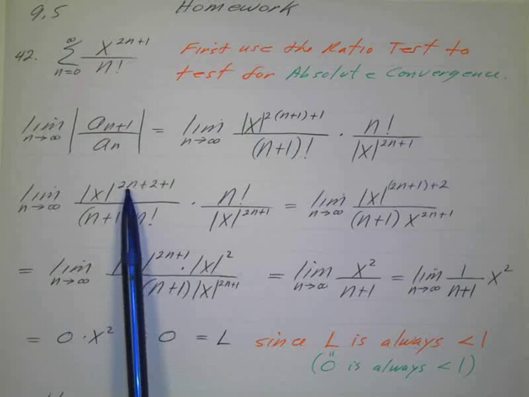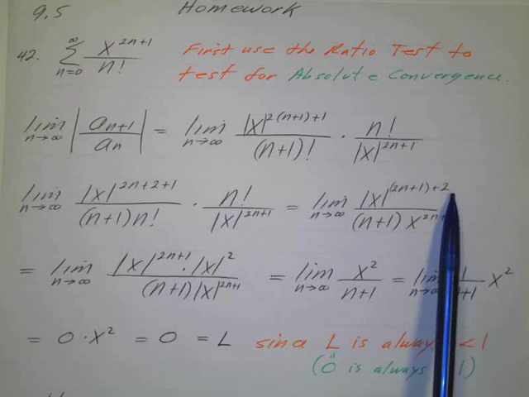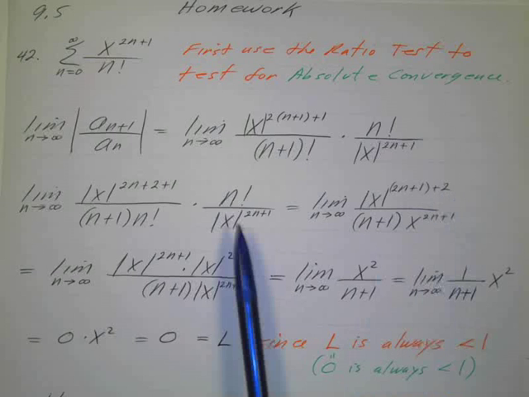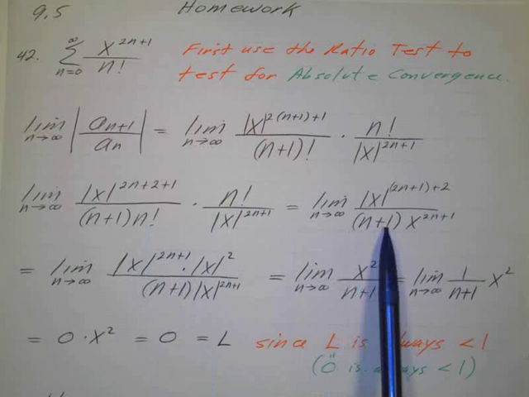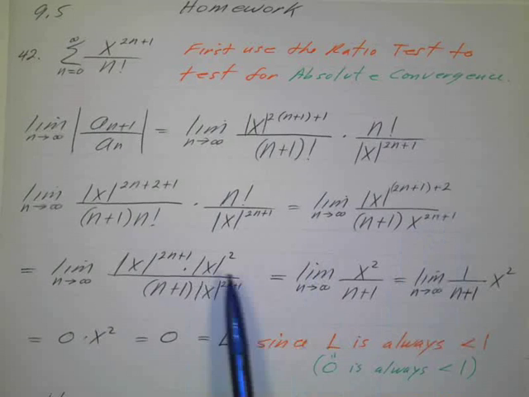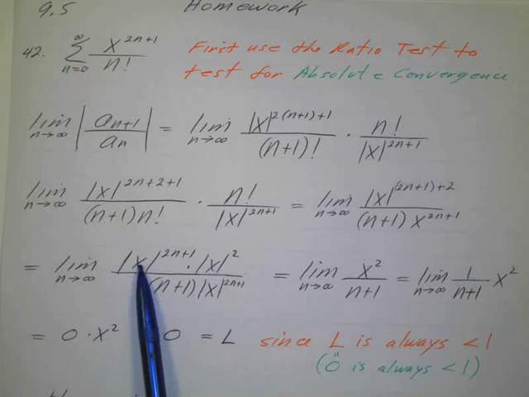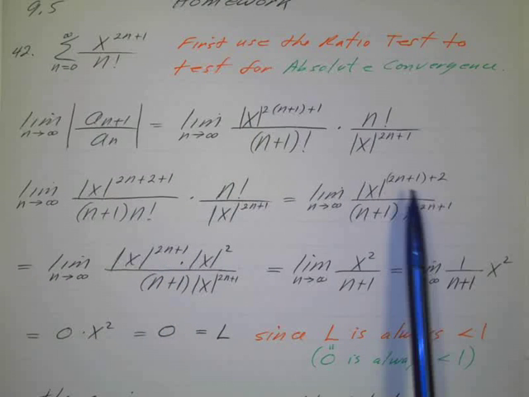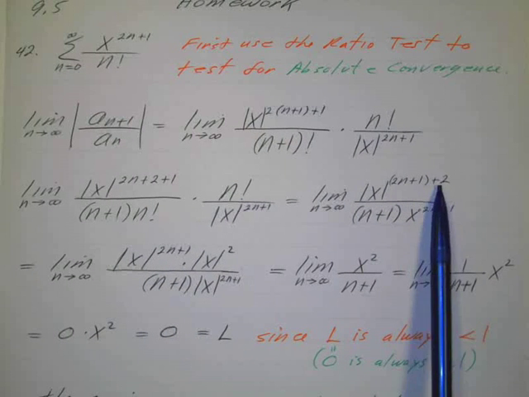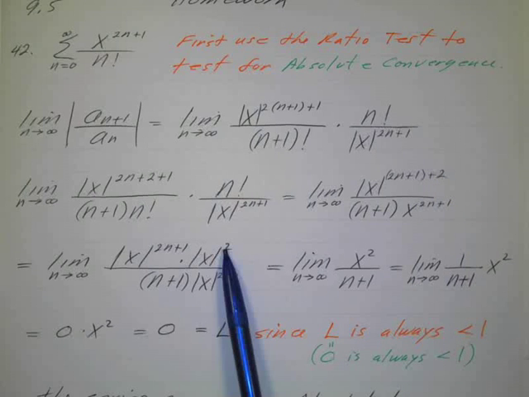And then I could rewrite this. I fiddle around and put the 1 next to that, so I ended up with the absolute value of x to the 2n plus 1 plus 2. Then I canceled these n factorials, so I just had n plus 1. I used an extra step to do this. You probably could do it without that extra step. But I wrote this as the absolute value of x to the 2n plus 1 times the absolute value of x squared. There's that 2.